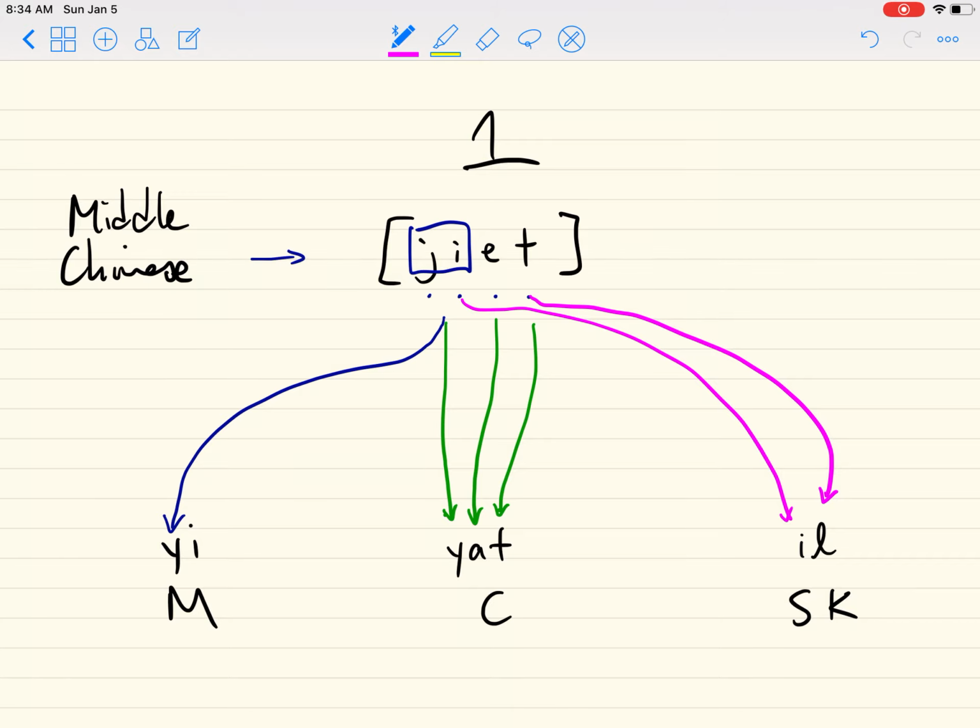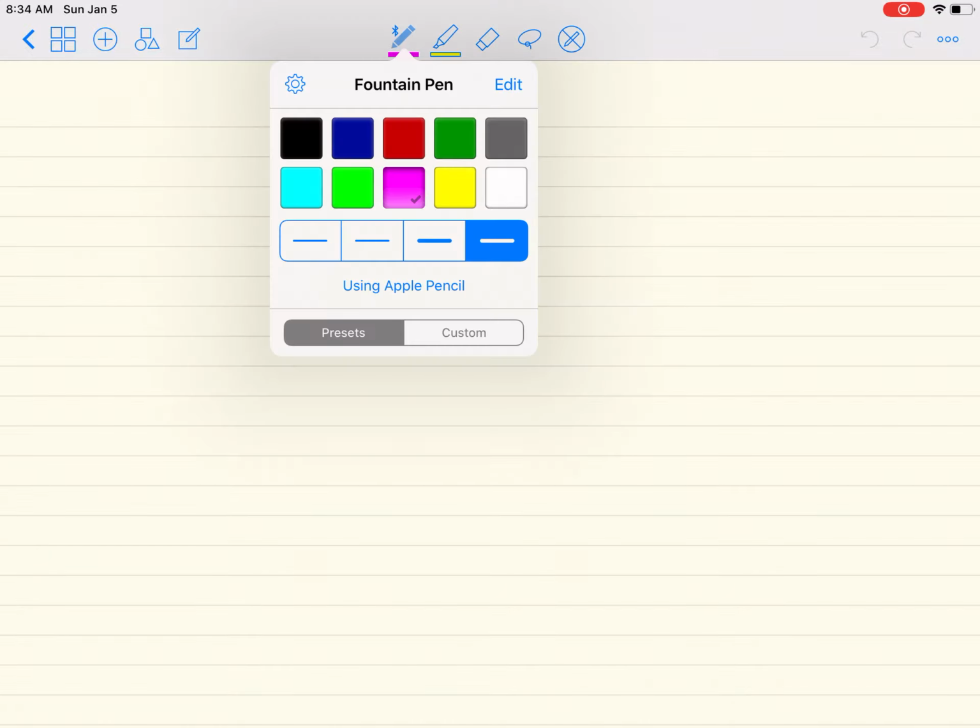So what's interesting in using the number 1, the jit sound, which is a reconstruction, the final T sound could be written as a digut.